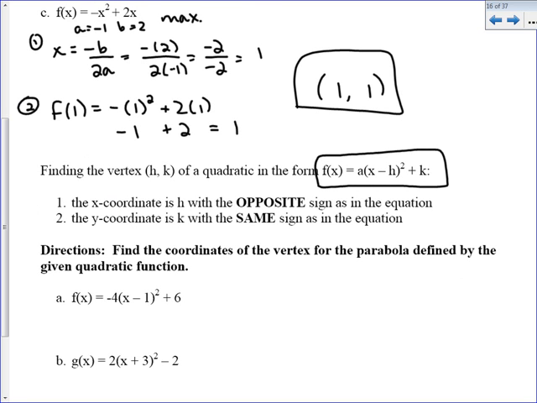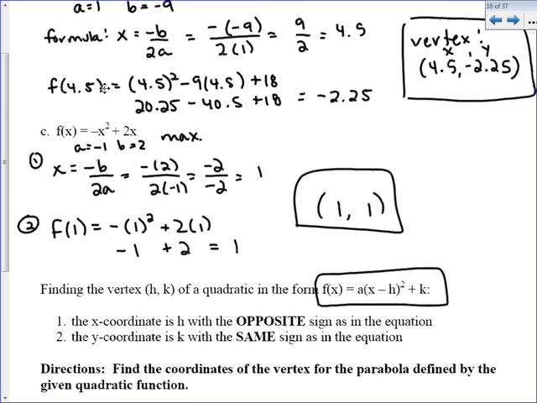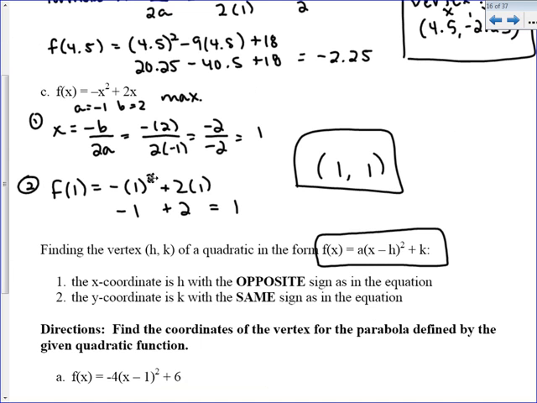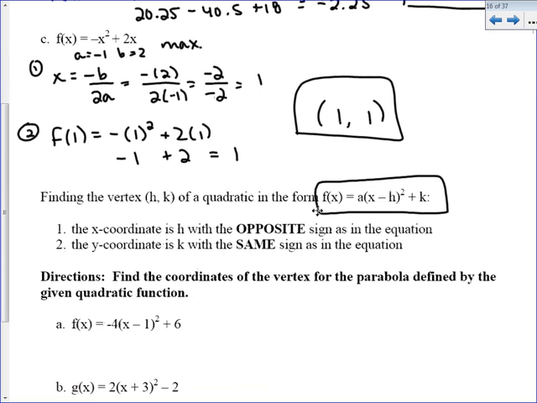This only works if you have this funky form right here, where you have the parentheses, you have something squared, you have the number added on the end. If I give you something in the form ax squared plus bx plus c, you can't just look at it and find the vertex. You have to go through the formula process. We're not going to do anything with this form of a quadratic other than identify the vertex.